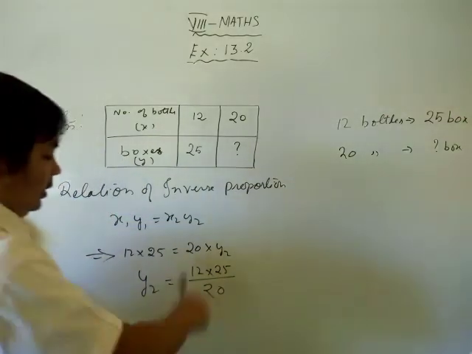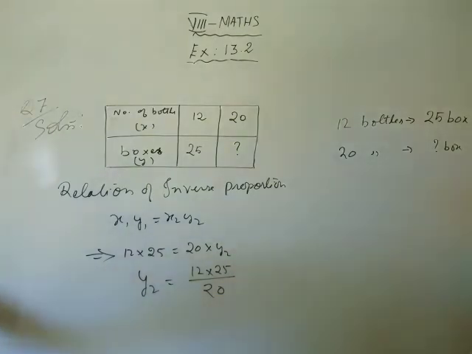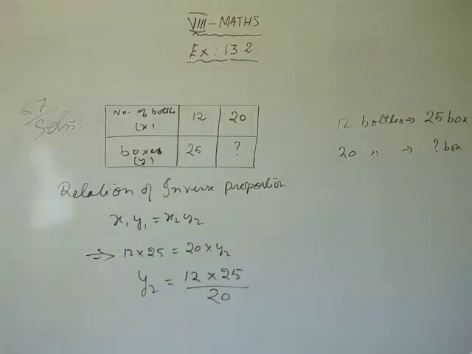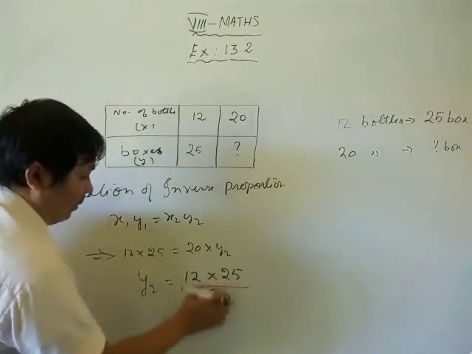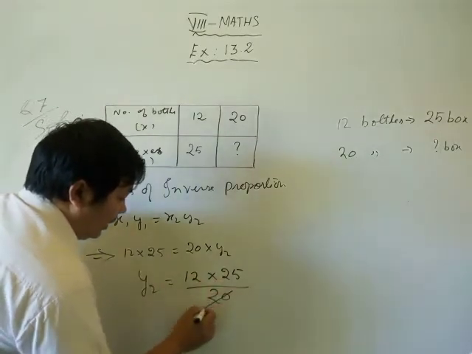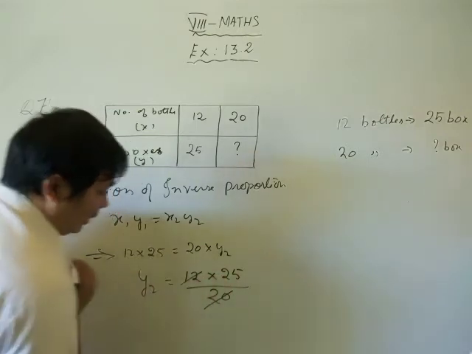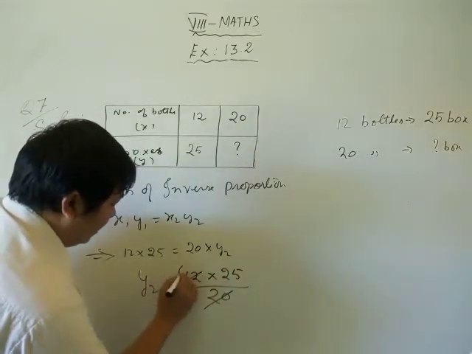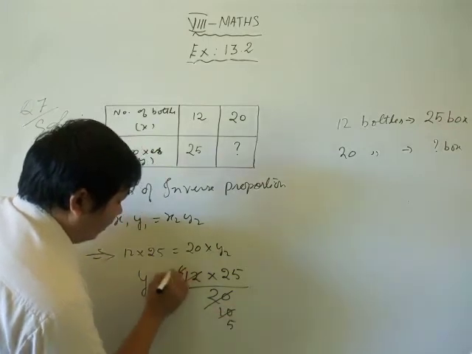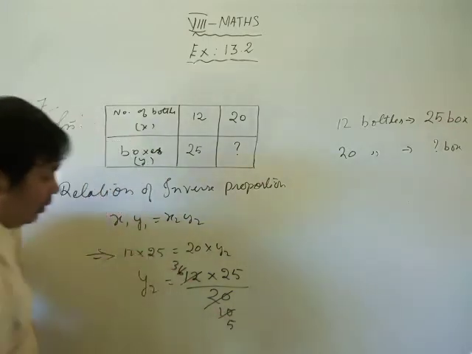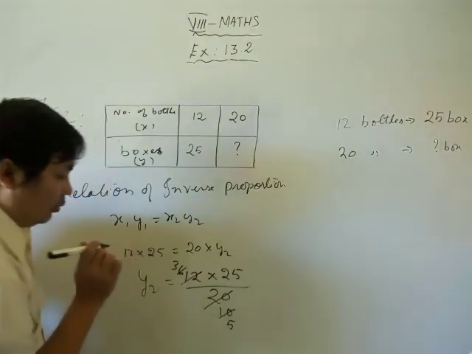Let us see how much we are getting. So we get y2 equal to 12 into 5 by 20. Let me see, 20 and 12: 4 3s are 12, 4 5s are 20.